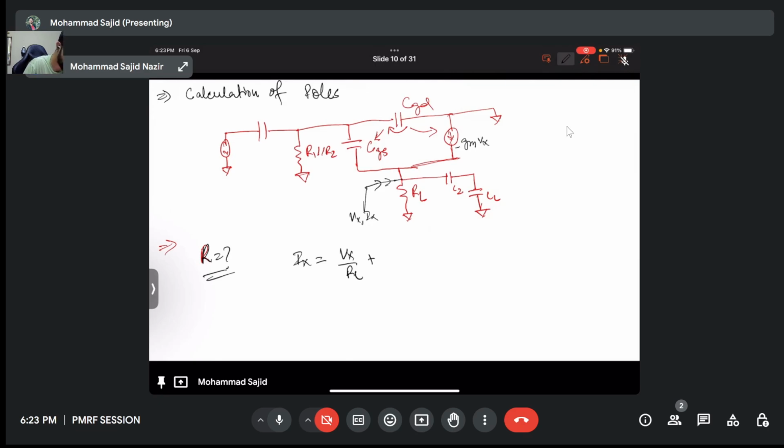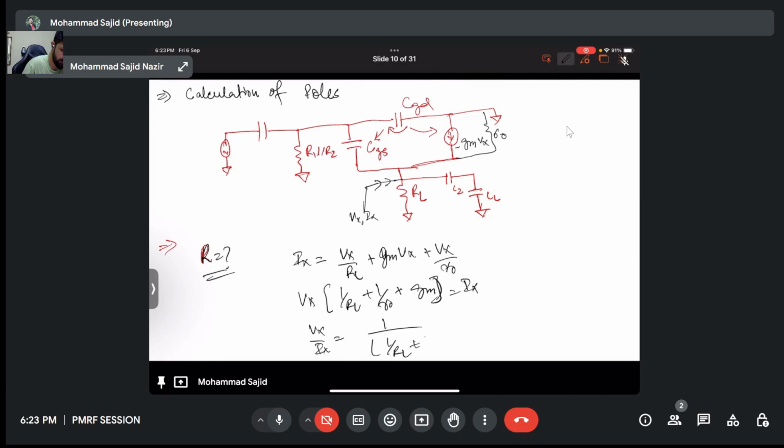This will be GmVx, so it will be in the opposite direction. So it will be GmVx plus Vx by R naught. Vx will be common. This will be 1 by Rn plus 1 by R naught plus Gm, which is equivalent to Ix. So Vx by Ix will be equivalent to 1 divided by (1 by Rn plus 1 by R naught).